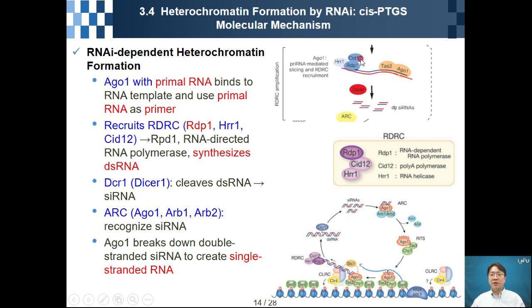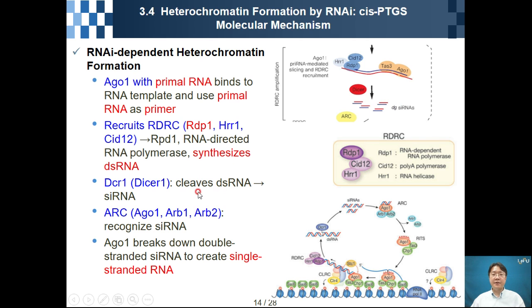So after it recruits the RDRC complex, the RDP1, the RNA dependent RNA polymerase, synthesizes double-stranded RNA. After that, the DCR1 dicer protein cleaves the double-stranded RNA into siRNA, double-stranded small interfering RNA.